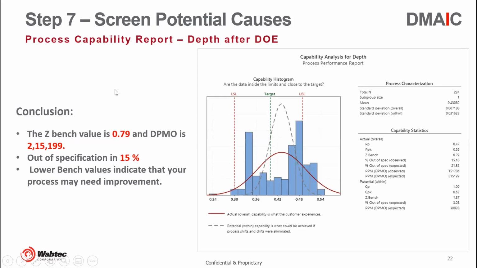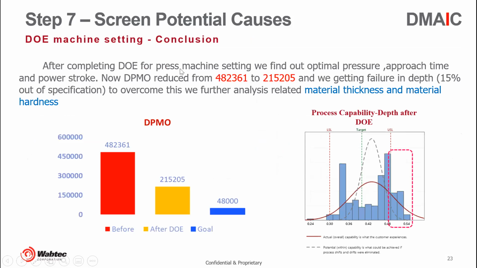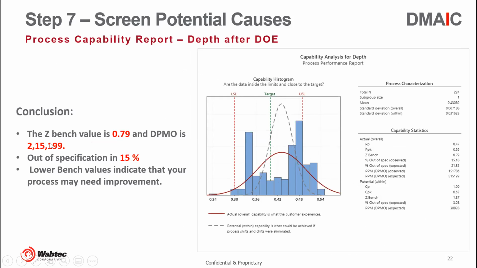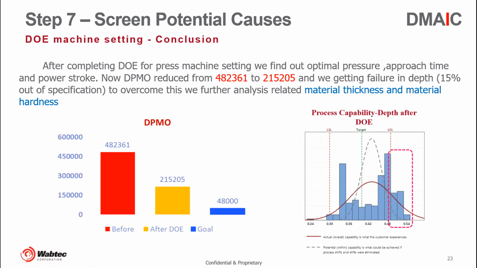We go further, and this was for depth and load. The Z value was 0.79 and the DPMO was 2,15,000. Still 15% parts were out of specification. So what did we do further? We still wanted to achieve our goal of 100%.